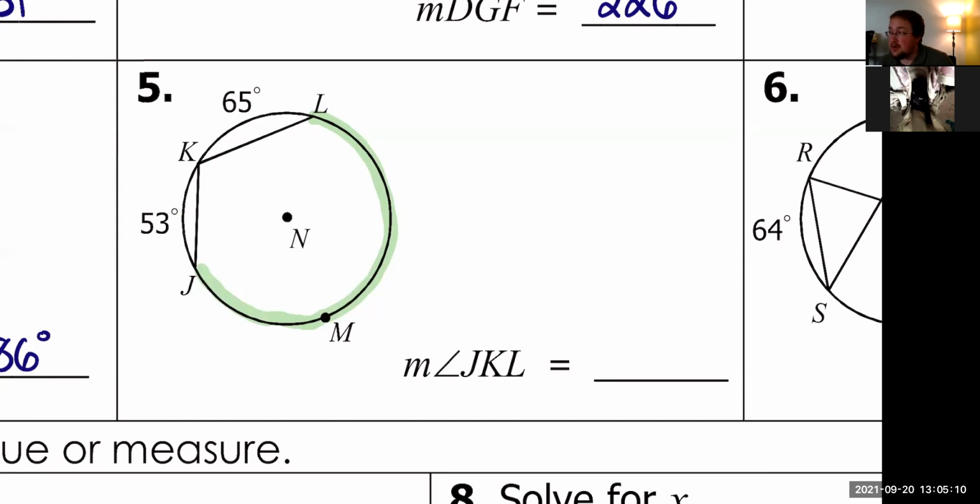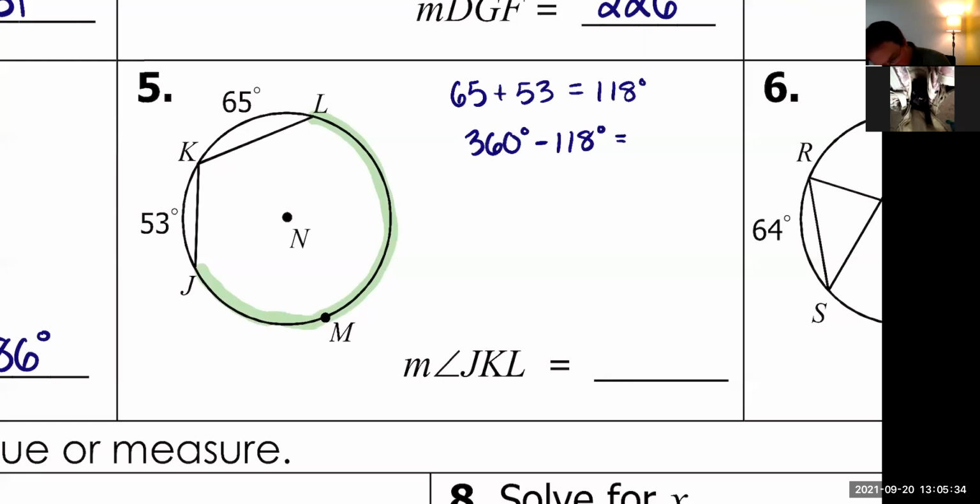I like where you're going. We know the whole circle should be 360. So the 65 and the 53 gives me what, 118? 118. So 65 plus 53 is 118. We know the whole circle is 360 degrees, so we take the 118 out of it.